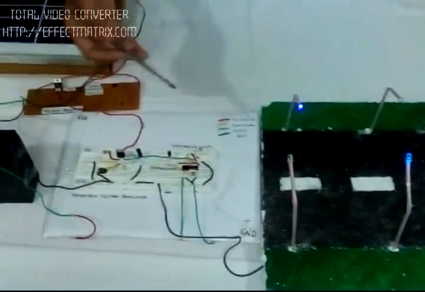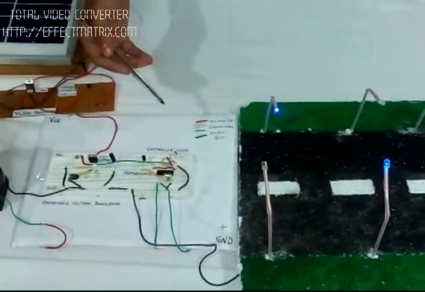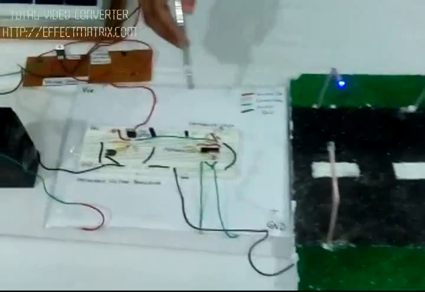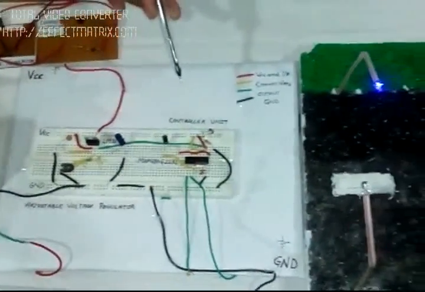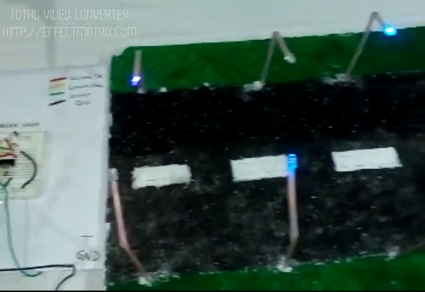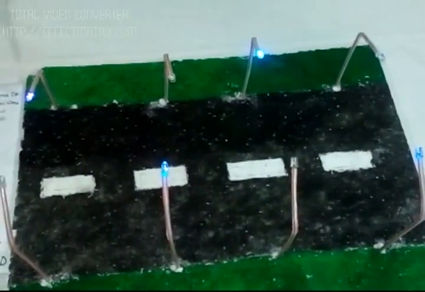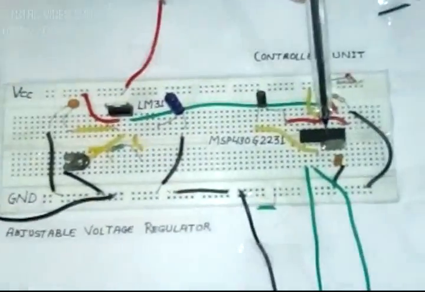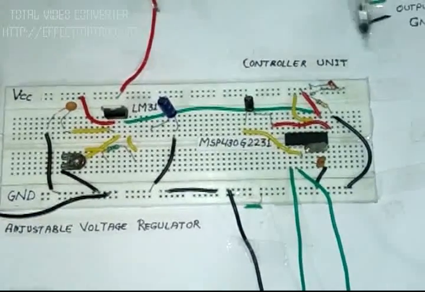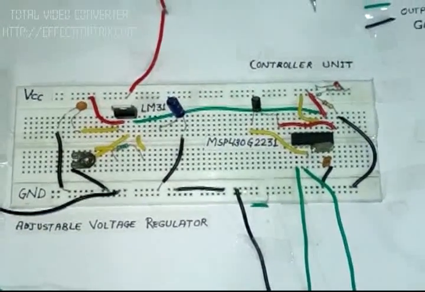So by using this automatic system for street light controlling, we can reduce energy consumption, because manually operated street lights are not switched off and on properly on time. The best part of this project is that it utilizes the MSP430 microcontroller by Texas Instruments, which is an ultra low power microcontroller.